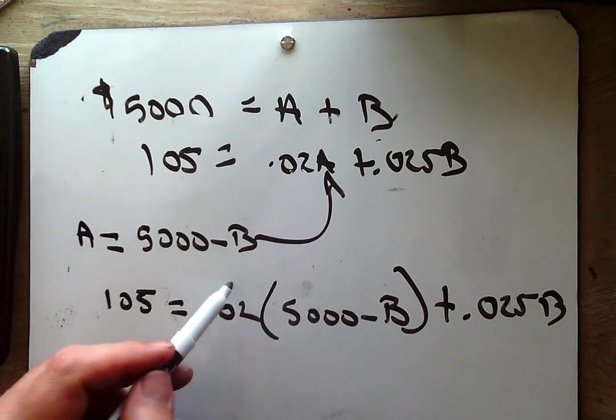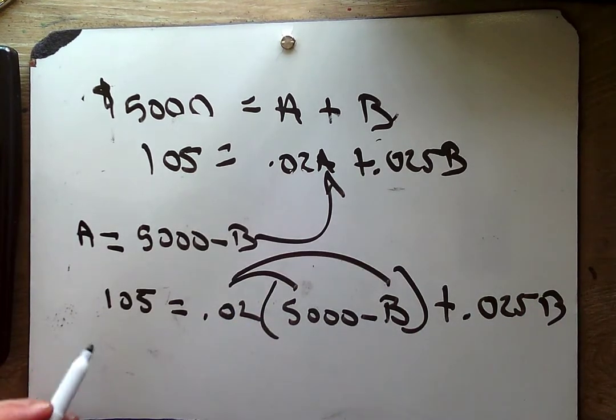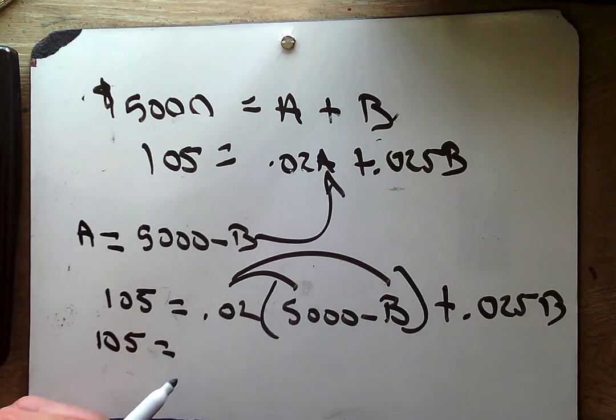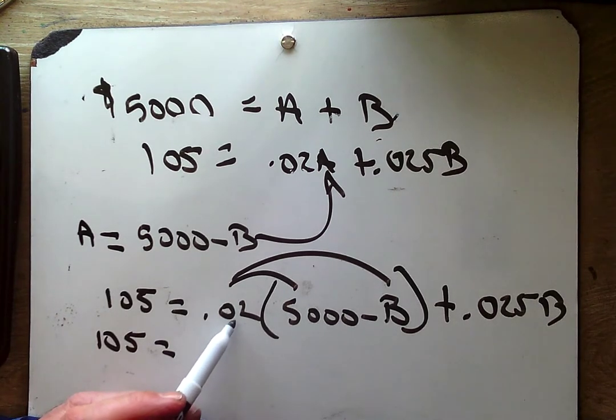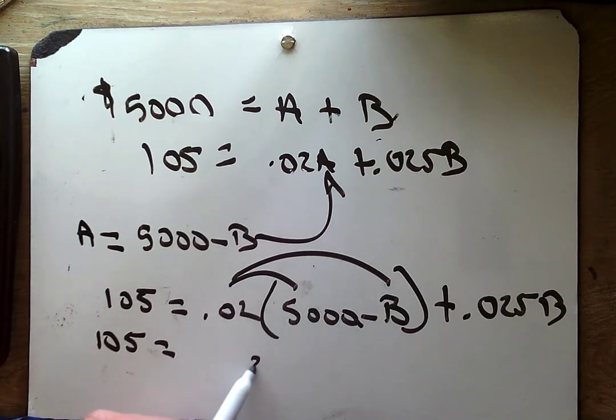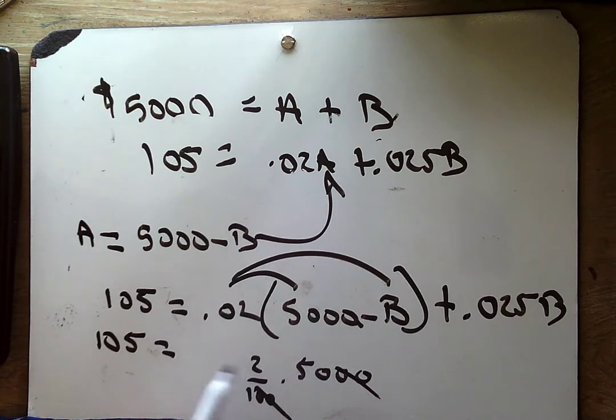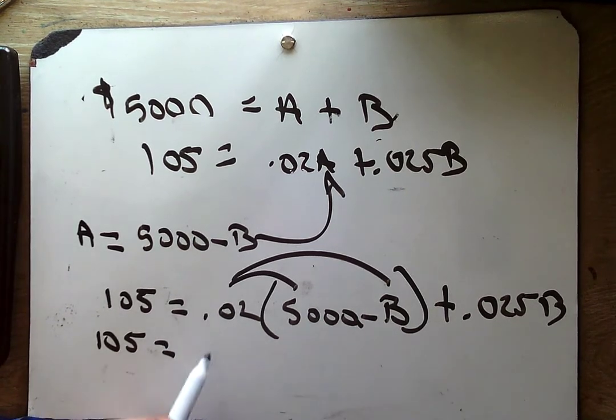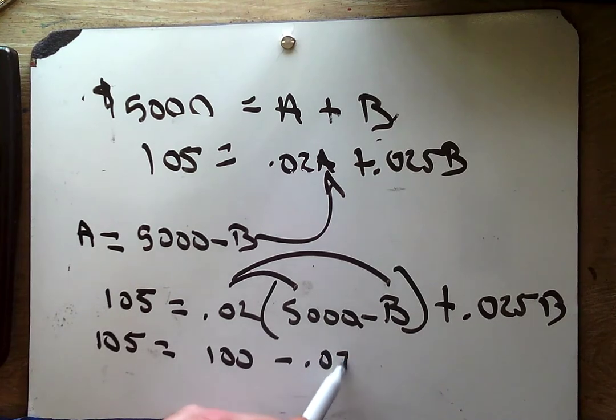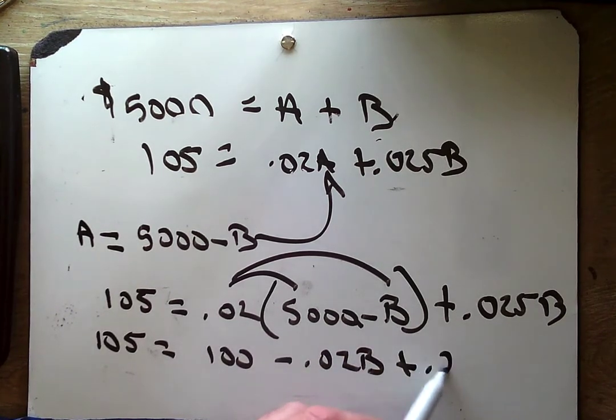I do have to distribute. 0.02 equals 2%. It's 2 over 100. So 2 over 100 times 5,000. Cancel, cancel. 2 times 50 is 100, minus 0.02B plus 0.025B.